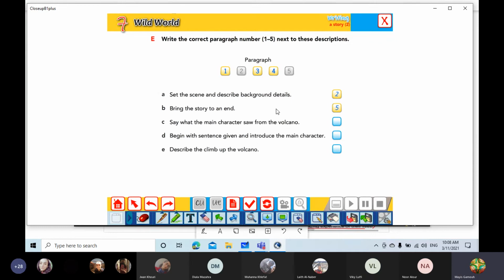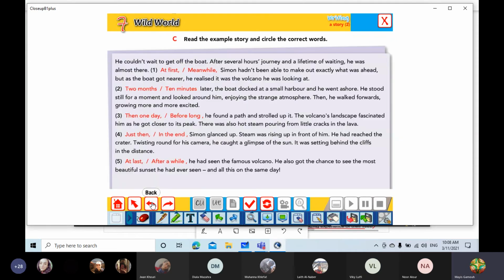So from the volcano, let's go back to our paragraphs. Look at the paragraphs with me, Vicky. Where is the word, from 3 or 4, that gives you the idea of a way of looking at something?